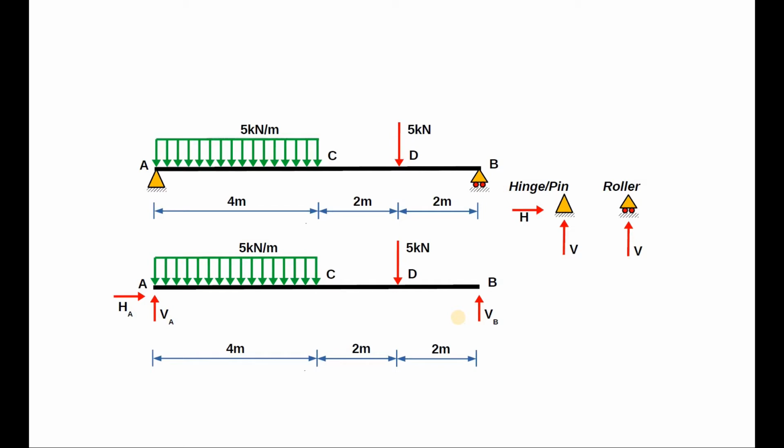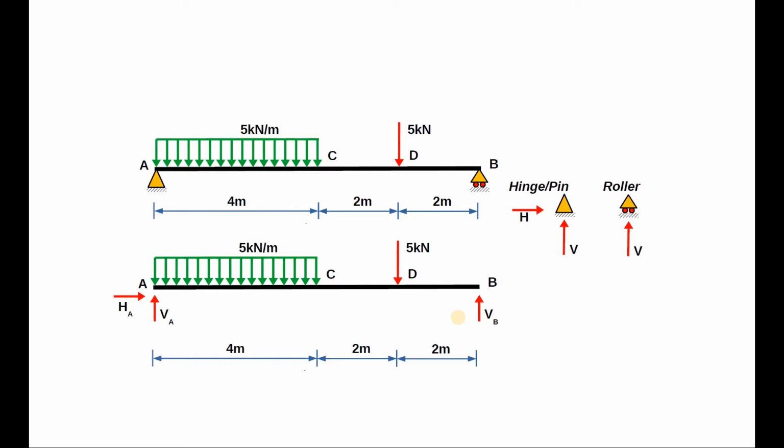As you see over here, we have a hinge support that offers two reactions, a horizontal reaction and a vertical reaction, and a roller support that offers only vertical reaction. For developing the free body diagram, we have removed the supports from the structural diagram and rather have represented them with their reactions instead.